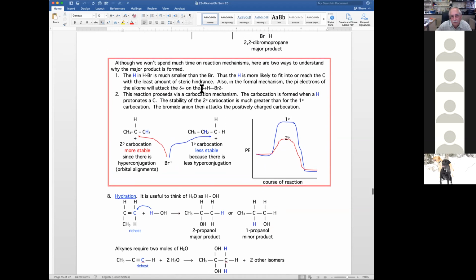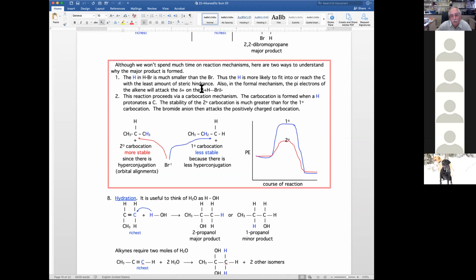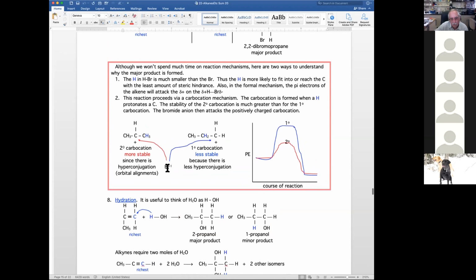But if we were doing this in a test tube, then we would go through a carbocation mechanism. So, first of all, I'm leading with the hydrogen simply because it's so much smaller. Okay. And so here's kind of what's happening. Here's the bromine, and it's going to follow up with either going here or here.